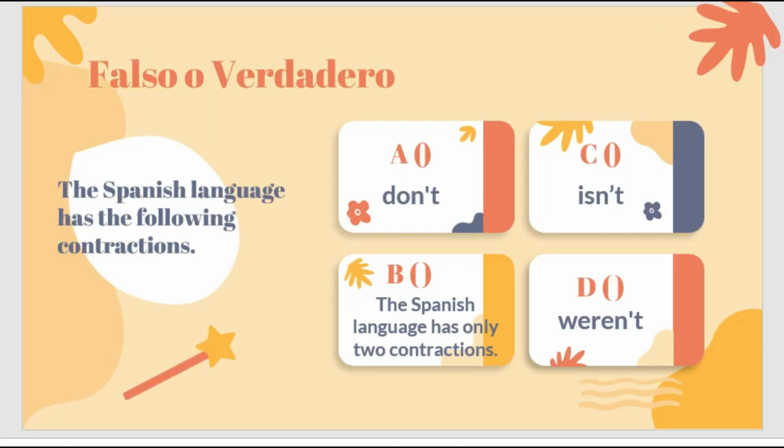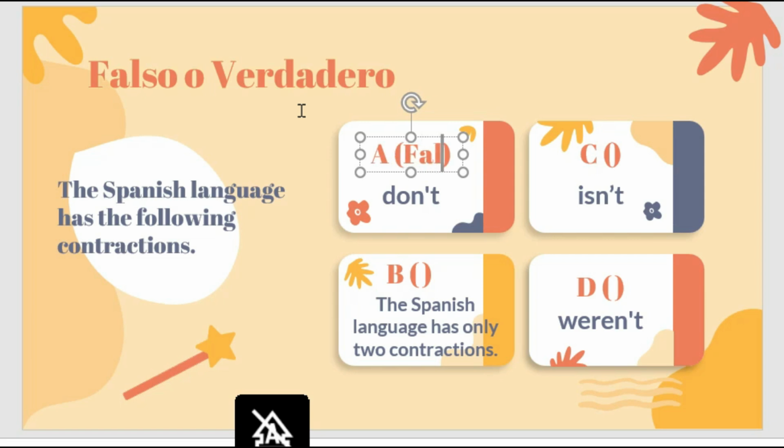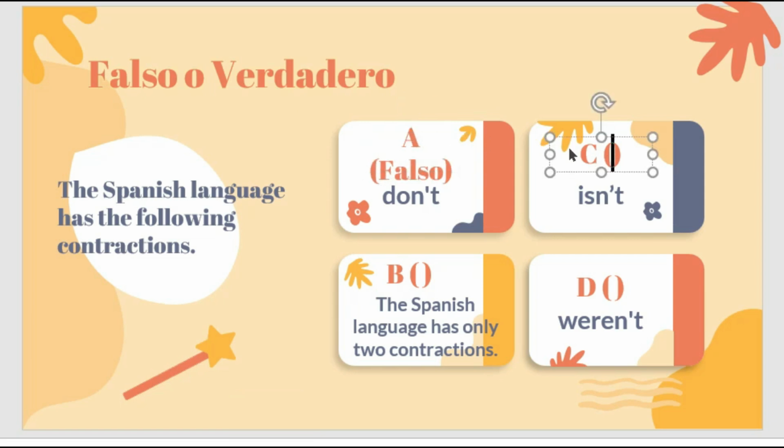Falso o verdadero. True or false. The Spanish language has the following contractions. Don't. Falso. False. Isn't. Falso.